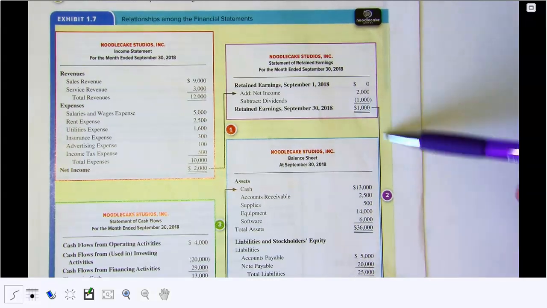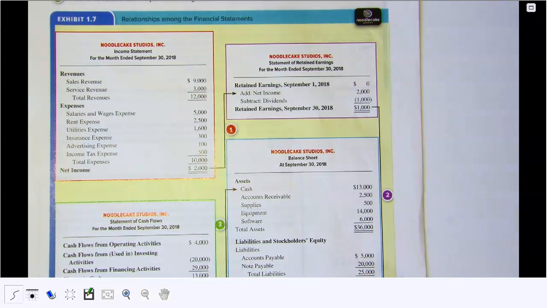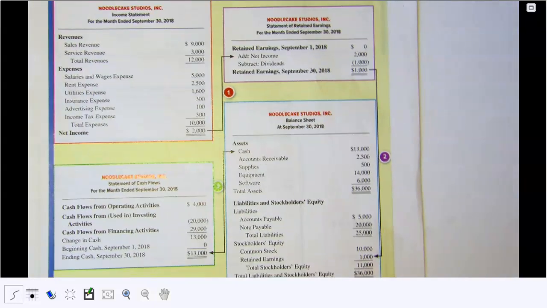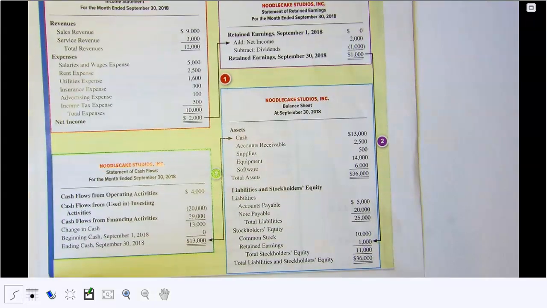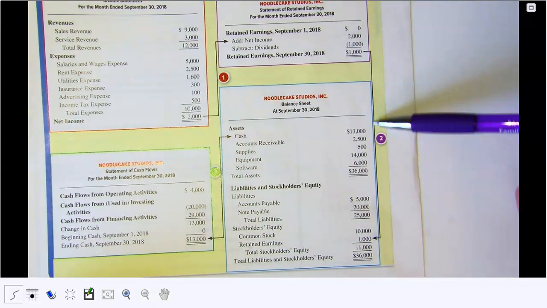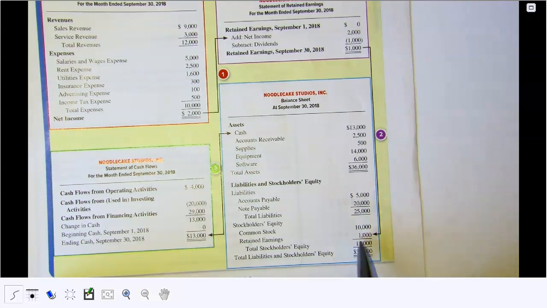But we need that amount from the statement of retained earnings. Oh my gosh, you weren't able to see that. I apologize. There we go. Ending retained earnings comes right down there onto the balance sheet.